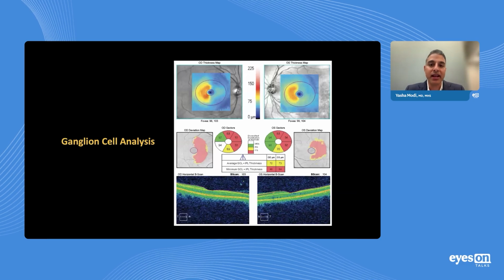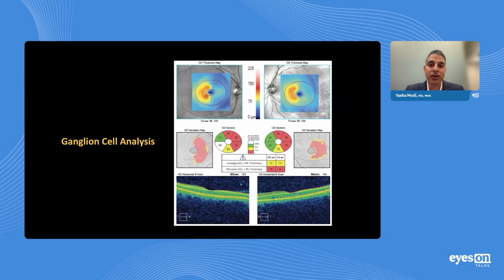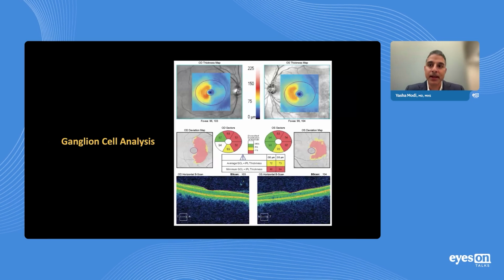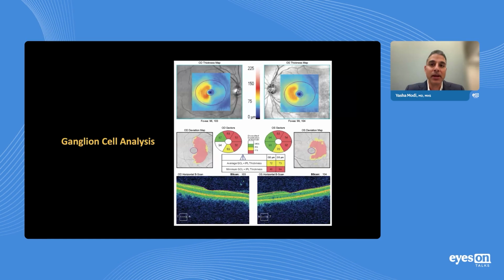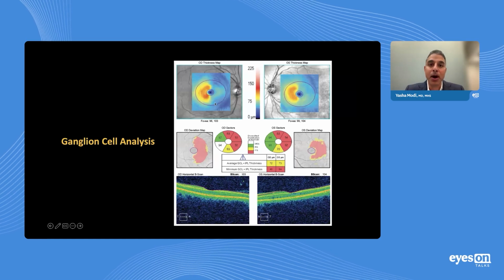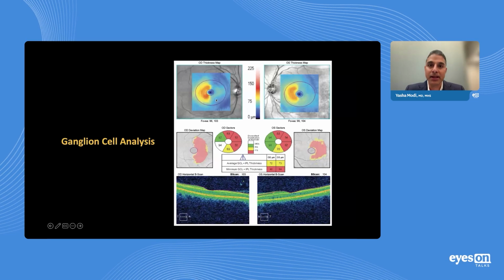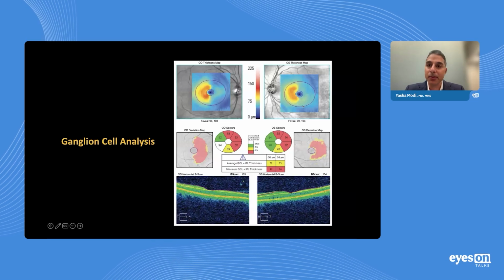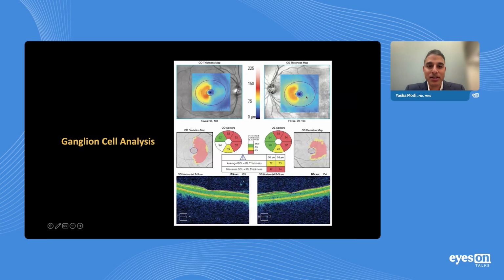Now, remember, when we get the ganglion cell analysis, what you're really doing is you're looking at the ganglion cell plus IPL layer thickness. And here, when we isolate out that one specific layer, we can really highlight this homonymous deficit where we get thinning of the nasal macula in the right eye and the temporal macula in the left eye. So what's this diagnosis?